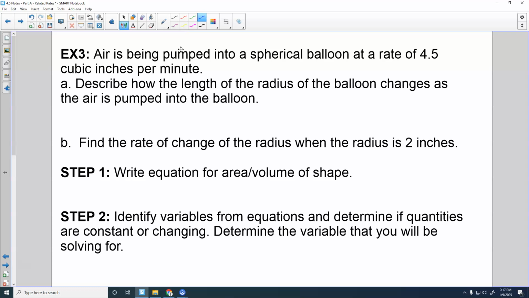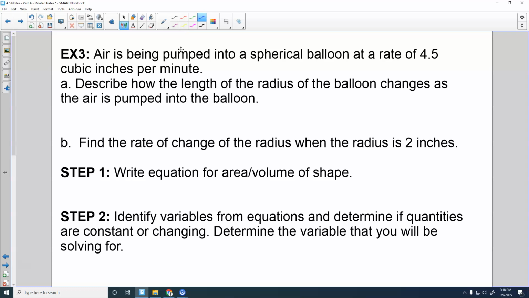So for example 3, air is being pumped into a spherical balloon at a rate of 4.5 cubic inches per minute. A: Describe how the length of the radius of the balloon changes as the air is pumped into the balloon. And then B says find the rate of change of the radius when the radius is 2. So A first asks me to think about the balloon. I meant to bring a balloon, but I didn't.